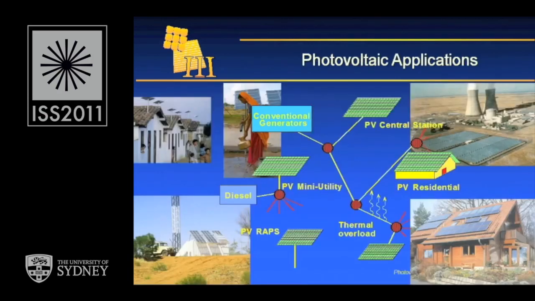What we need to get the cost of photovoltaics down further is to keep increasing the market. Photovoltaics is a very modular technology, so you can use just one panel, as in some of these applications here, or large fields of panels, and the technology works pretty much the same. This shows a range of different applications where costs are different.